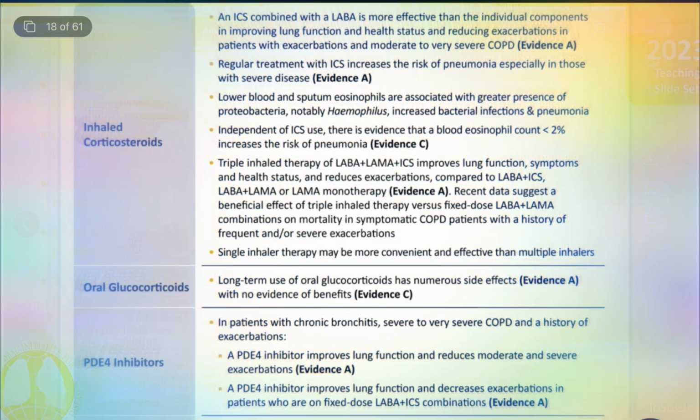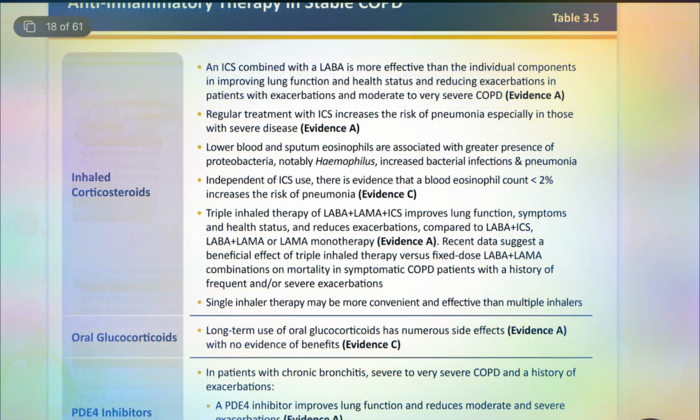So they are telling, what about the inhaled corticosteroid? An ICS combined with LABA is more effective than individual components in improving lung function, and health status and reducing exacerbation in patients with exacerbations in moderate to very severe COPD. So ICS we should give in moderate to severe COPD patients.